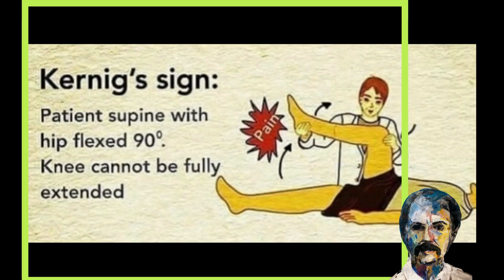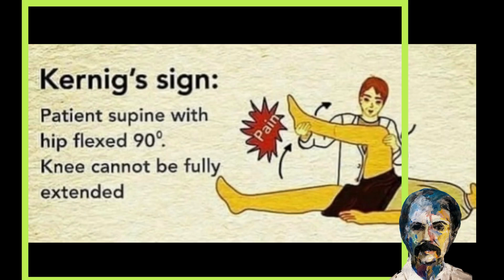This is Koenig's sign. Koenig's sign is a maneuver used by doctors in hospitals where the patient lies supine on his or her back, and then when you move the leg 90 degrees, the knee cannot be fully extended.